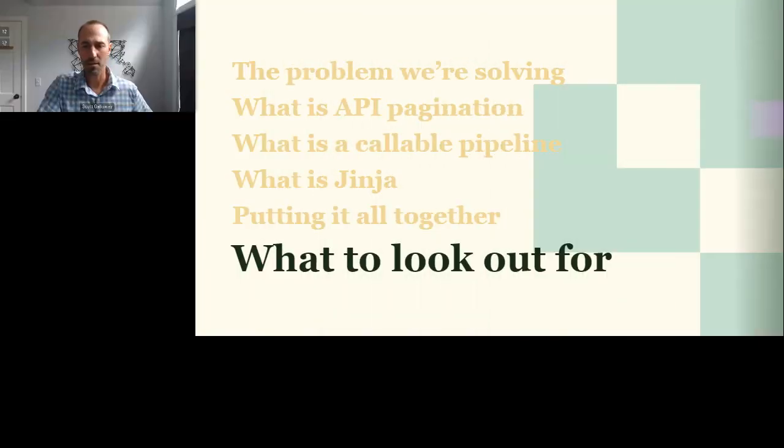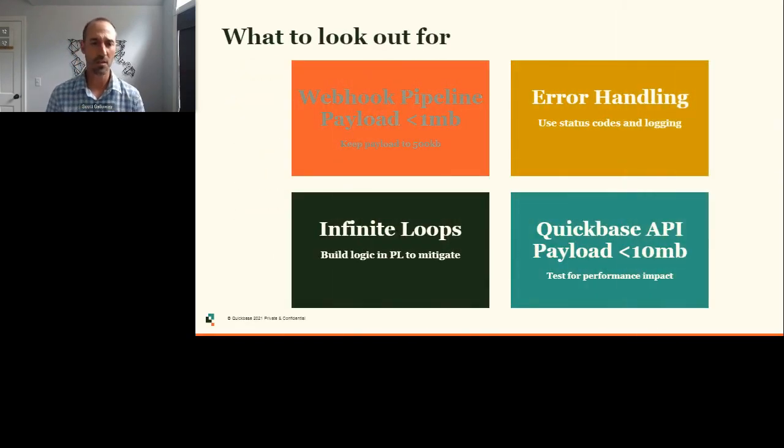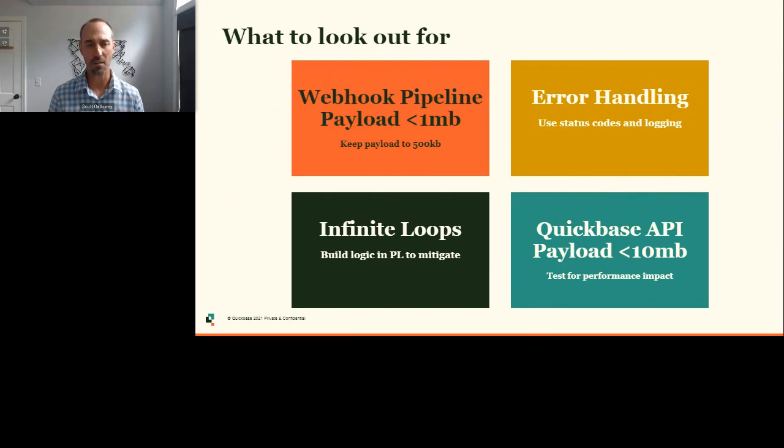All right. So we're back in. So the last piece here is what should you look out for, right? I've touched on a number of these things throughout, but key things, right? So the webhook pipeline channel, it's generic. Payload sizes need to be under 1 megabyte. If it's over 1 megabyte, that pipeline's going to fail.